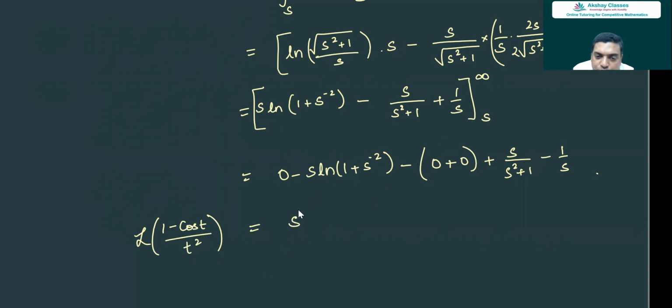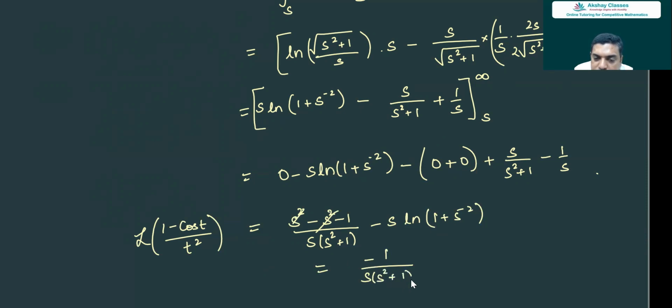So we get s square minus 1 upon s into s square plus 1, minus s log of 1 plus s to the power minus 2. Okay, so this is about Laplace transform.